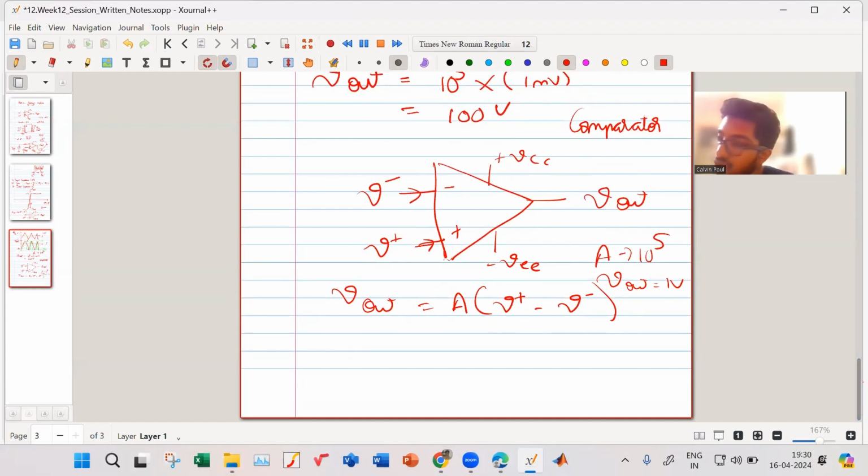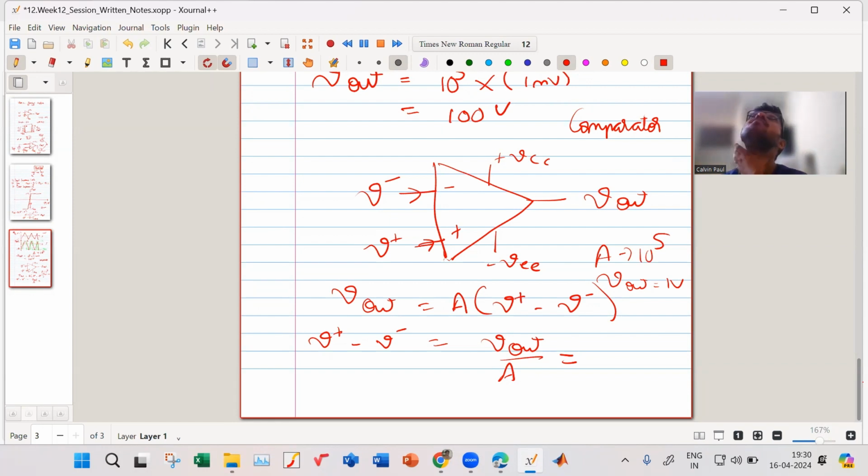So V plus minus V minus is equal to V output by A. What is the value of that? It will be 1 upon 10 to the power 5, so it is approximately 10 microvolt.